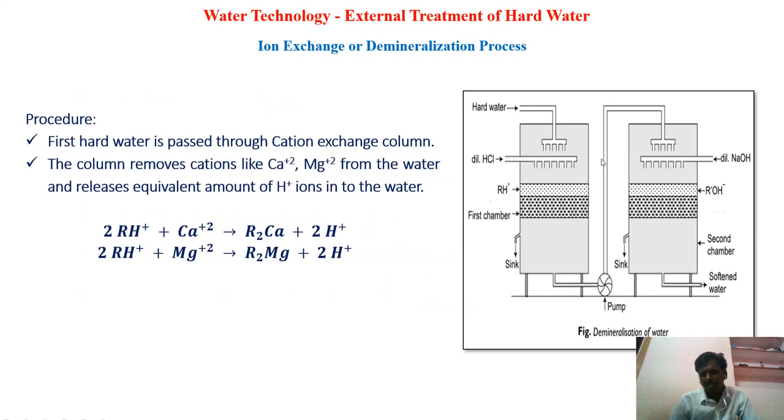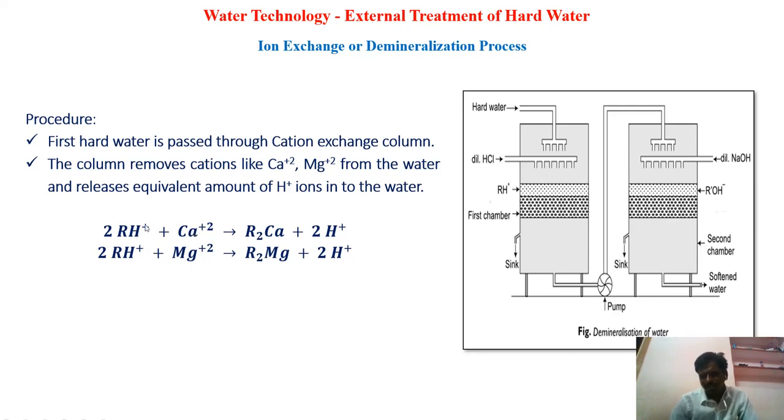This is the procedure. This is a cationic exchange resin chamber, and this is the anionic exchange resin chamber. Here we first take the hard water and allow it to pass through the cationic exchange resin. The resin reacts with the water, meaning exchange of ions between resin and water takes place. The calcium and magnesium ions present in the water are exchanged with H plus ions.